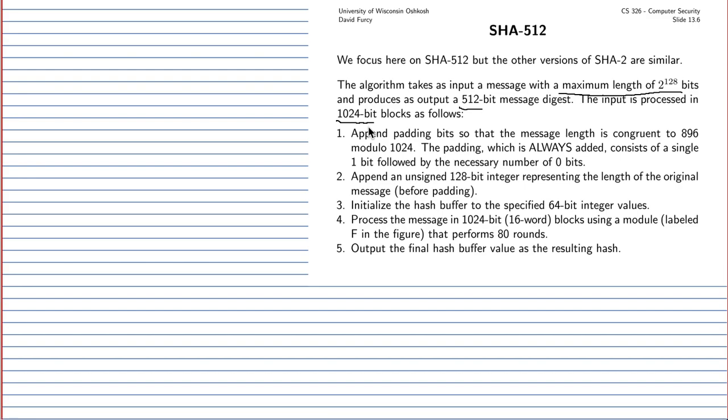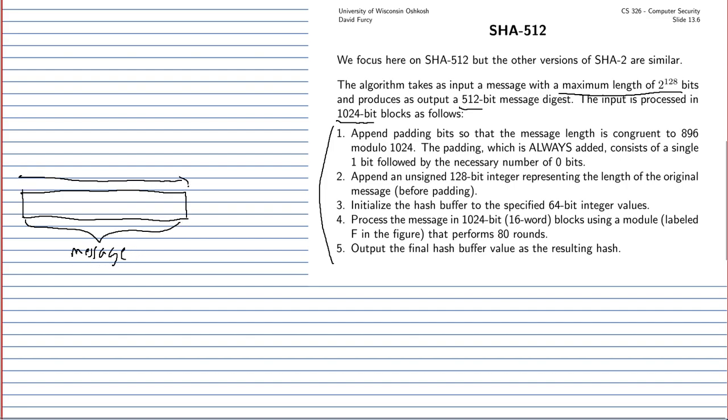The overview of the algorithm takes 5 steps. We start with a message to be hashed. Let's say this message has a length L in bits, and L has to be less than 2 to the 128.